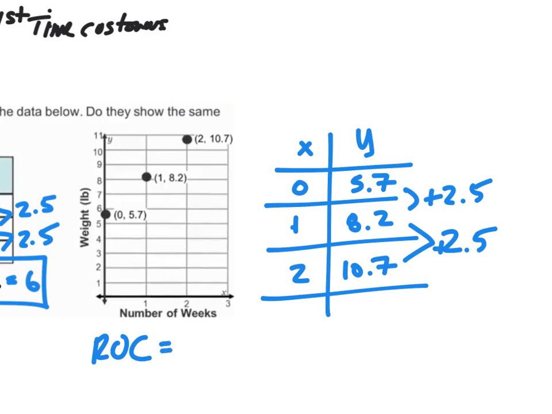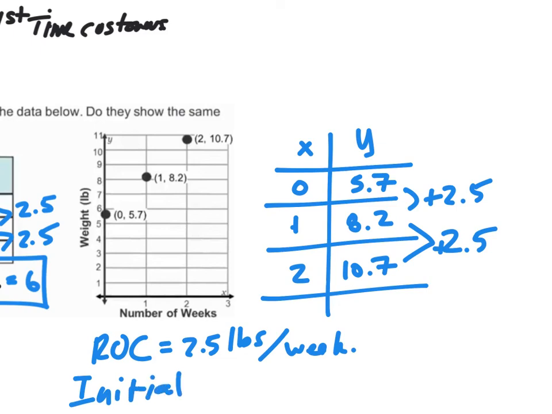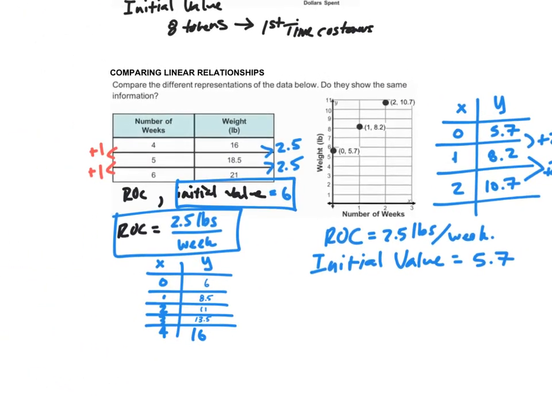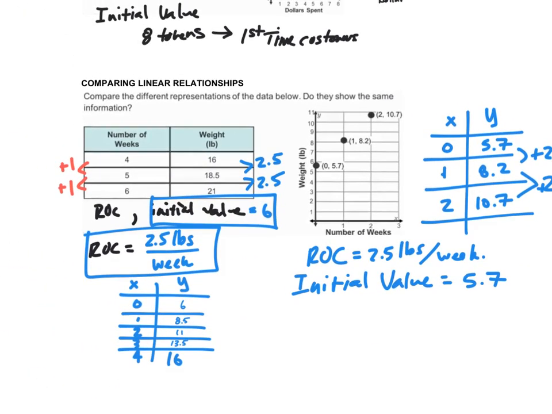Our rate of change equals 2.5 pounds per week, but my initial value is equal to 5.7. So what I know about these two scenarios, comparing these linear relationships, is that they have similar information. The rates of change are the same, but the initial values are different.